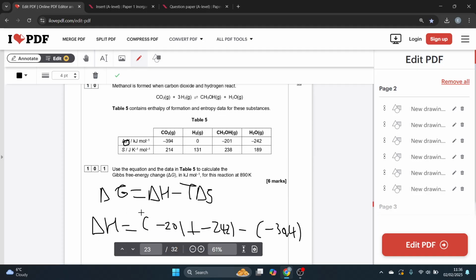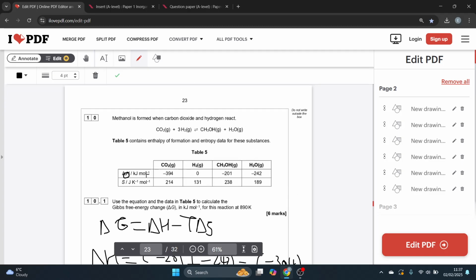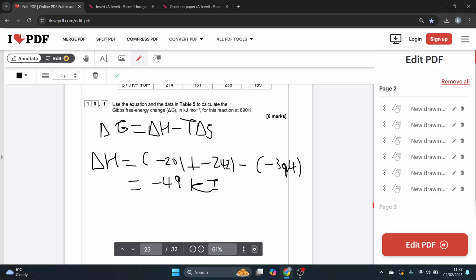So it's minus 201 plus minus 242, then minus minus 394, which gives minus 49, in kilojoules per mole to the power minus 1. That's really important because I'll explain why in a bit.